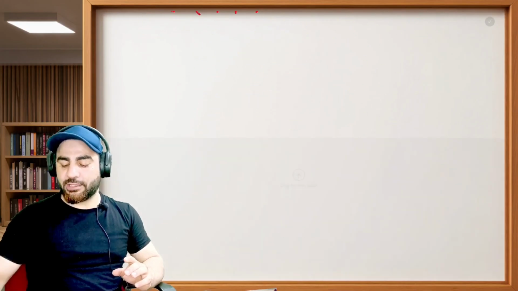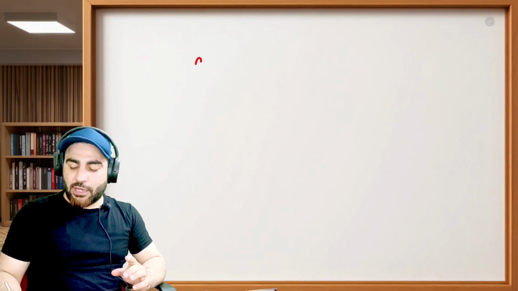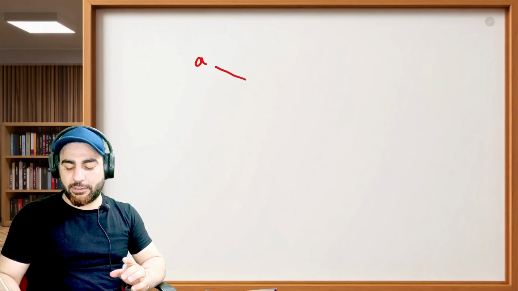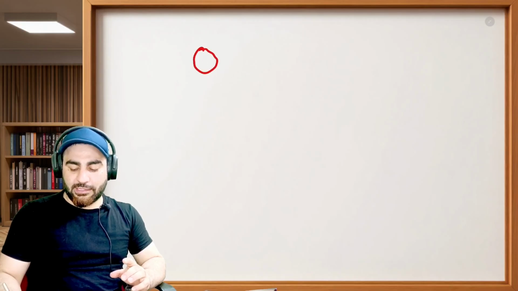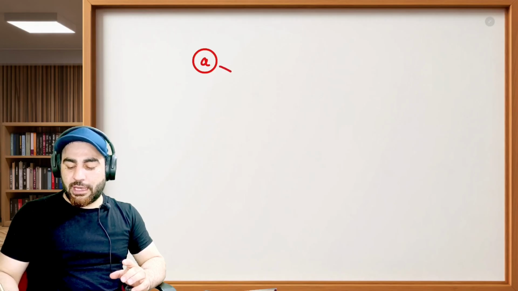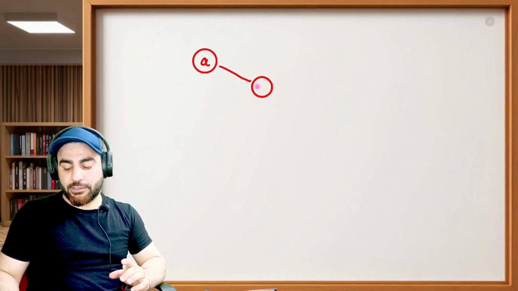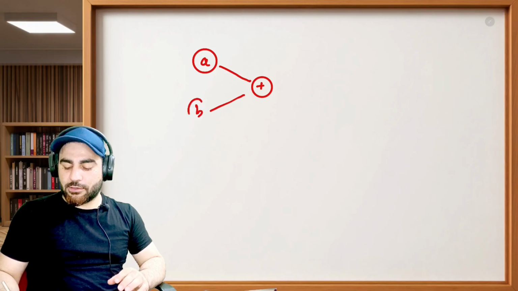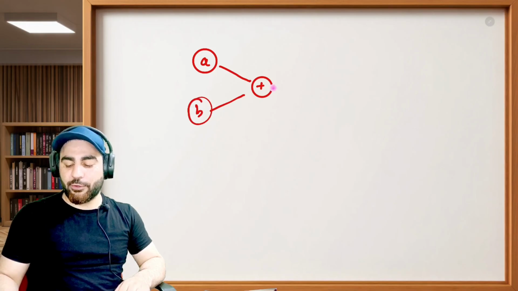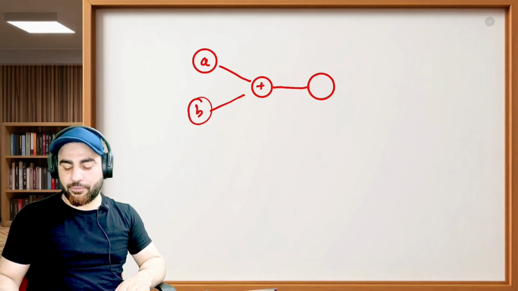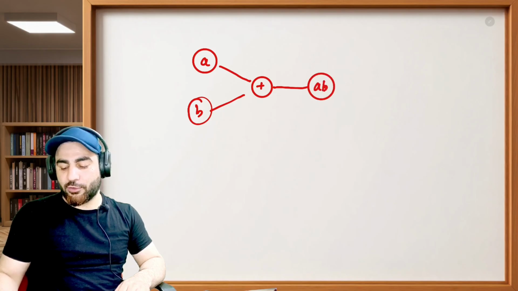So now if you see this, I can make a graph out of this. You have a node A, suppose, and then you perform a certain operation on this, and then you have this node B. These are values, and it produces, let's suppose, something which I can call node AB.